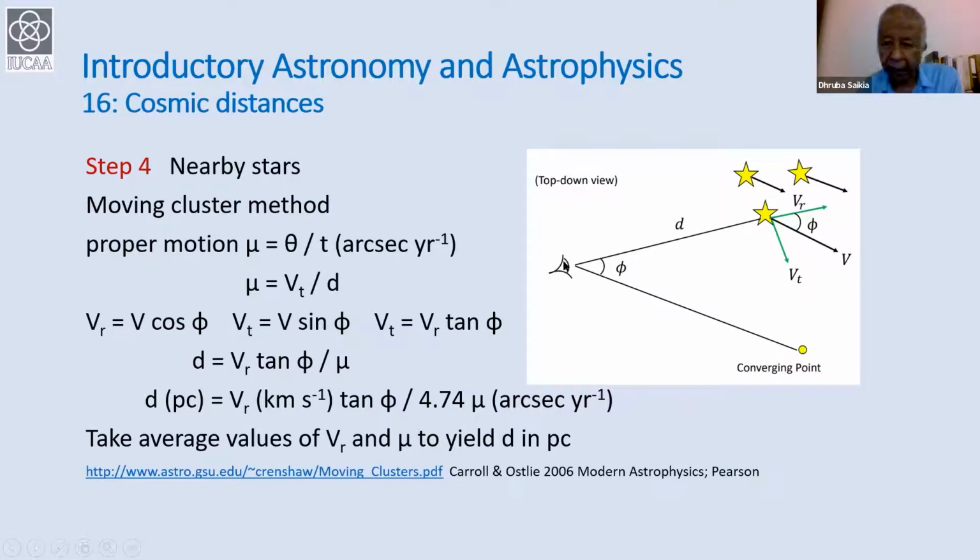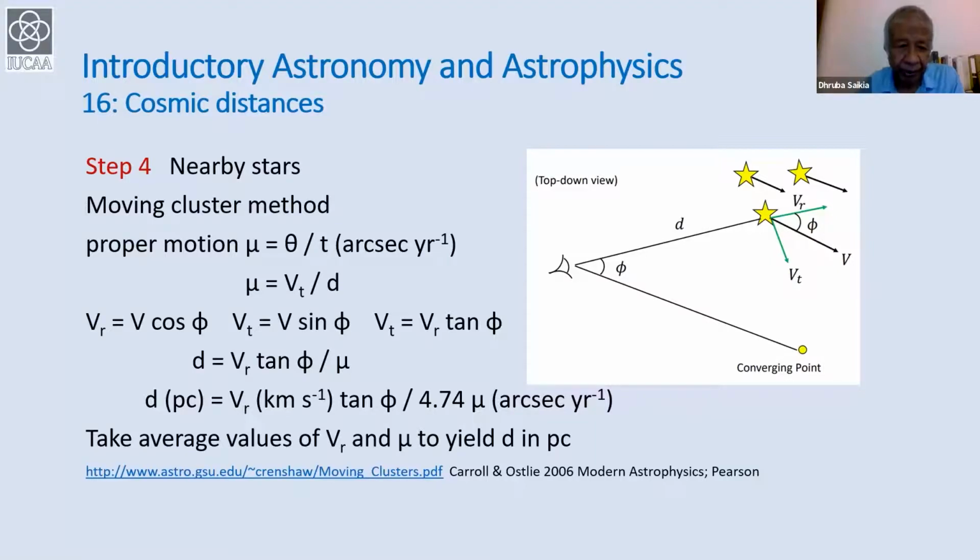Okay. Now we talked about the velocity in a particular direction having a radial component and a transverse component. The radial component is something which you can measure from the Doppler shift of the lines. That will give you the radial velocity, which is v cosine phi, and the transverse velocity, which is v sine phi, you can measure from the proper motion measurements.